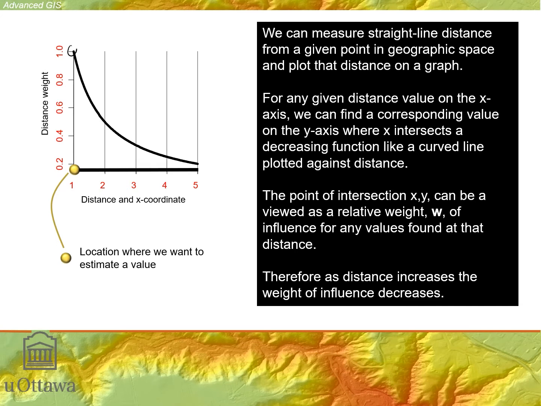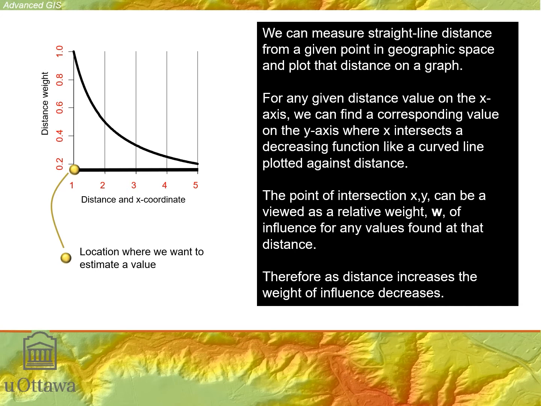And at the location, we have 1 up here on the y-axis. 1 is the relative weight. So if there is a measured value at this location on the x-axis, then it would have a very high weight in influencing what this value should be right here at that yellow gold point.